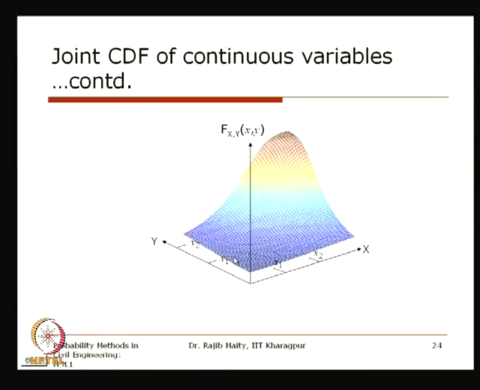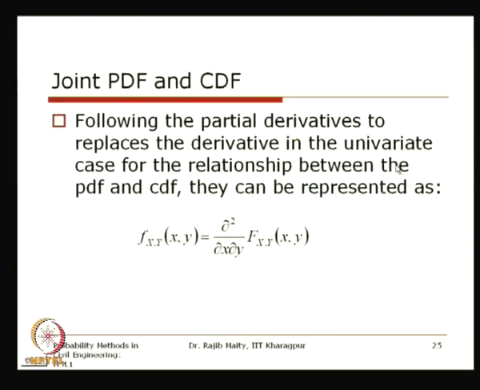And you know that the entire integration equals 1, so this surface will start from 0 and end up at 1. Now it is clear how the joint PDF and CDF are related to each other: the joint PDF f(x,y) is the double differentiation of the CDF with respect to both x and y.